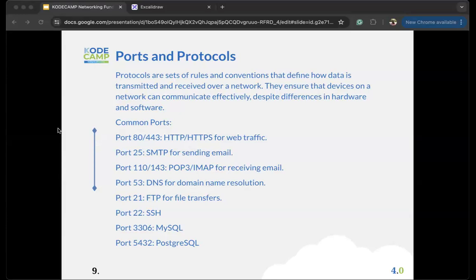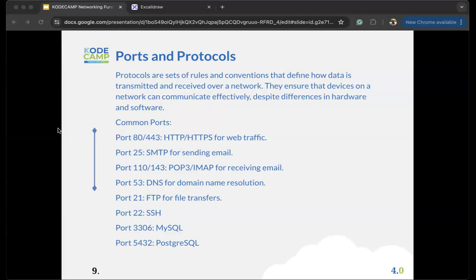Different devices with different configurations, different OSs, the protocols ensure that devices can communicate with each other. When they're in the same network, they can communicate with each other when they meet the various standards and rules defined within a protocol.